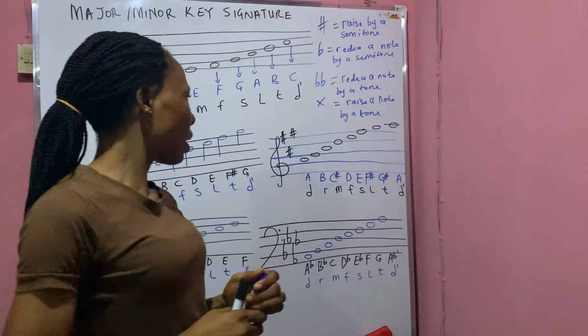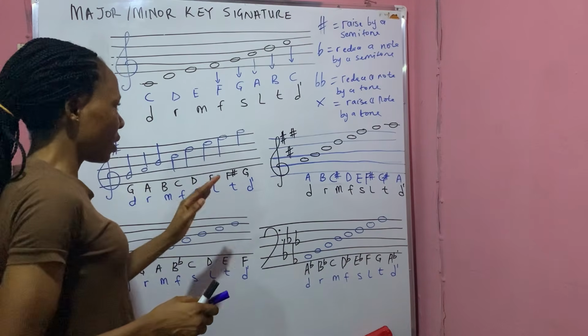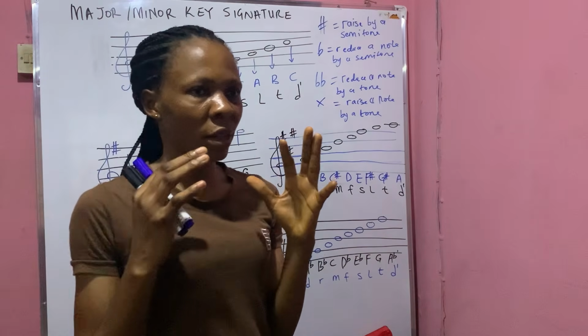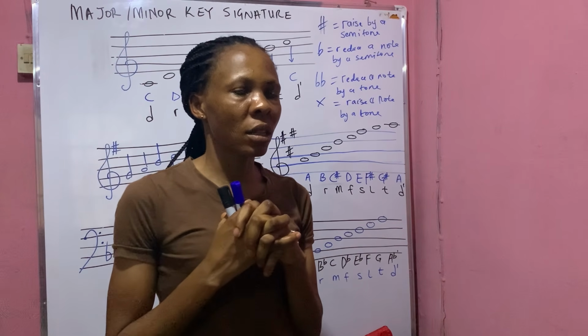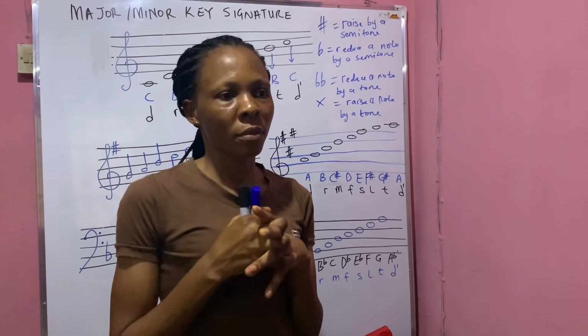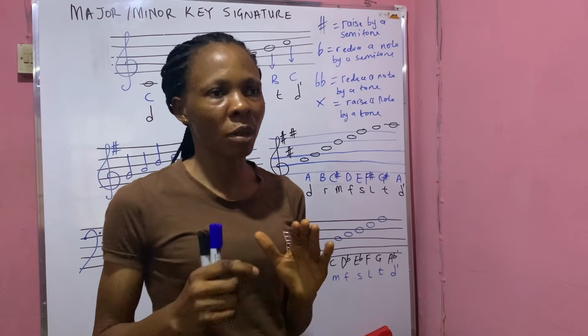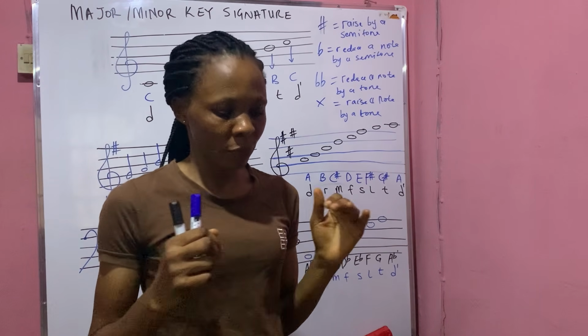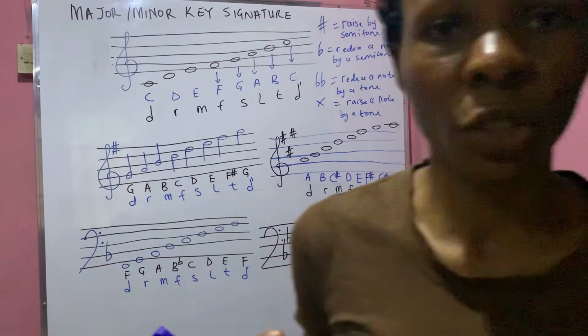Okay, I'm going to talk about the relative minors of this key, but we are going to consider the natural minor and then the harmonic minor. But in the relative minor, the tonic is the same, only that the numbers of tones and semitones change.